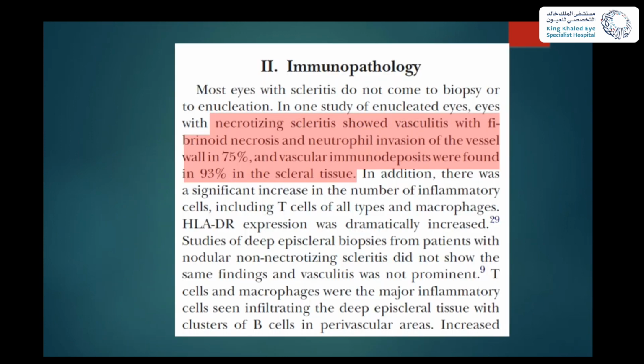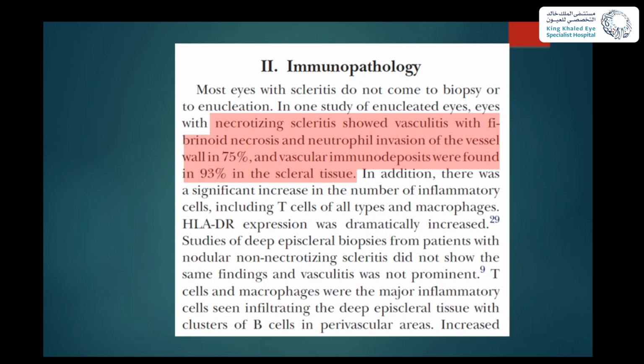Back to scleritis, which is the main bulk of our lecture. When you look for the cause of scleritis, in autopsy studies in some of the books, in most cases of necrotizing scleritis, where they get cadaver eyes or eyes from deceased people, in 75% or 90% they found a sort of vasculitis, with invasion of neutrophils and mostly T cells.